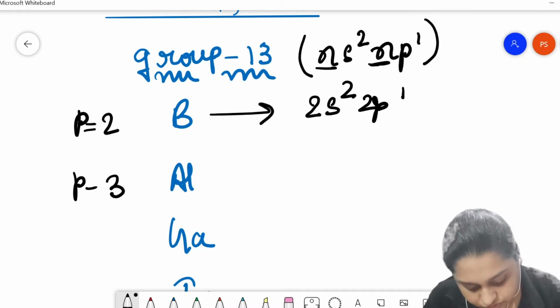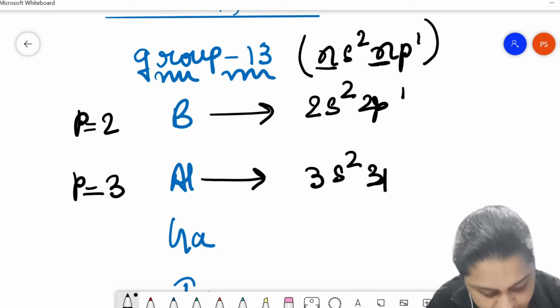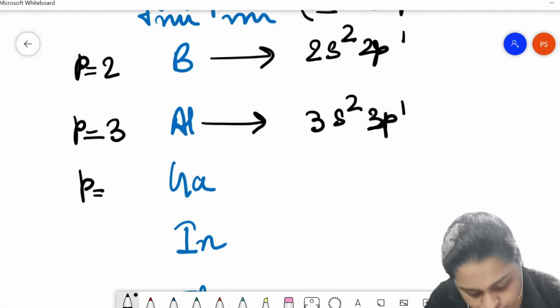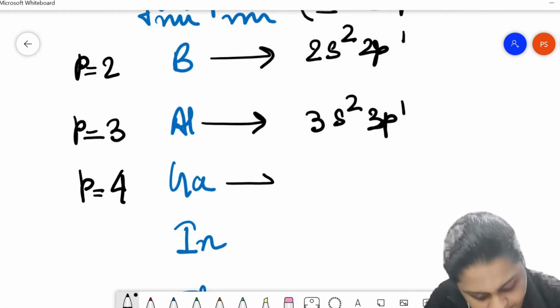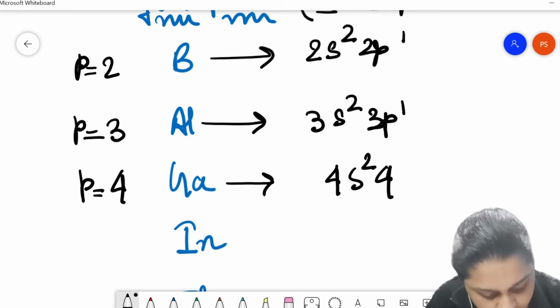Aluminium belongs to third period, the electronic configuration of aluminium is 3s2 3p1. Gallium belongs to fourth period, the electronic configuration is 4s2 4p1.